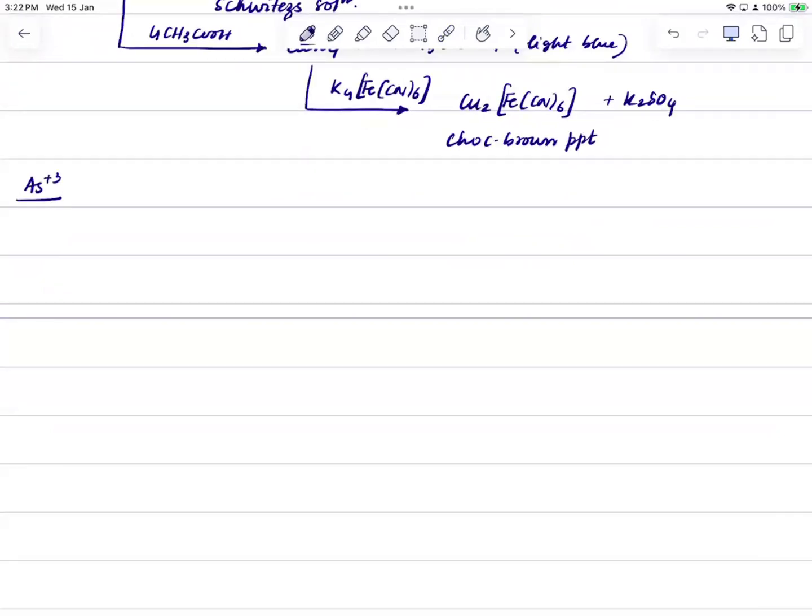Now what we do in case of arsenic, As2S3 is there. We add yellow ammonium sulfide, that is (NH4)2S2. This is called YAS, yellow ammonium sulfide. With yellow ammonium sulfide, you'll get 2 moles of (NH4)3AsS4 plus sulfur, correct?